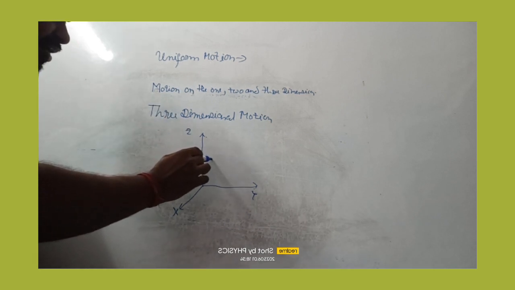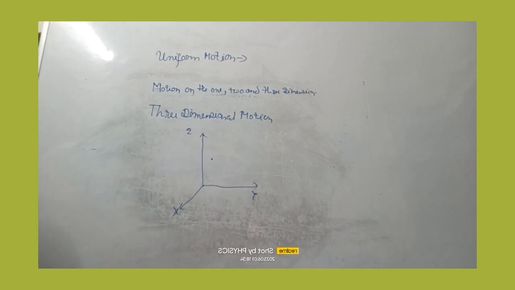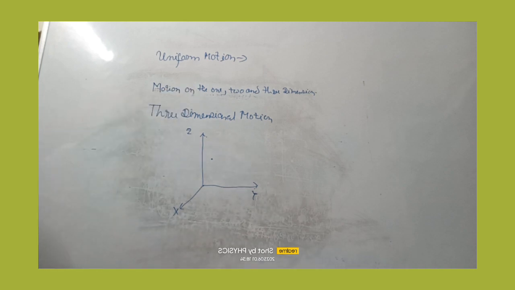A body flying in that 3D space is in three-dimensional motion because it involves the three axes: the x-axis, the y-axis, and the z-axis. That kind of motion is called three-dimensional motion.